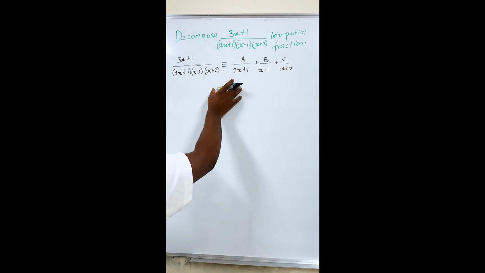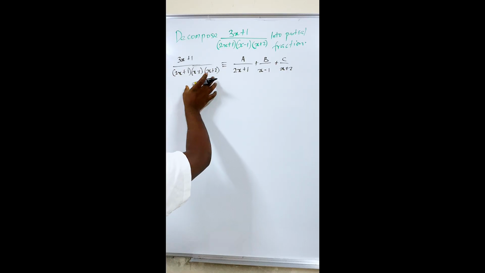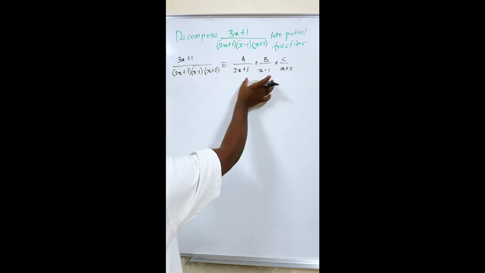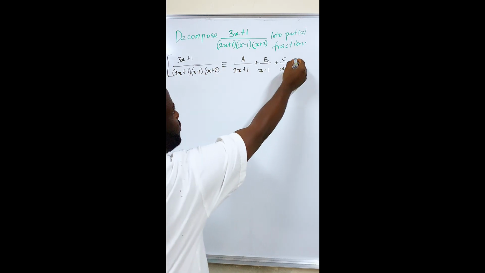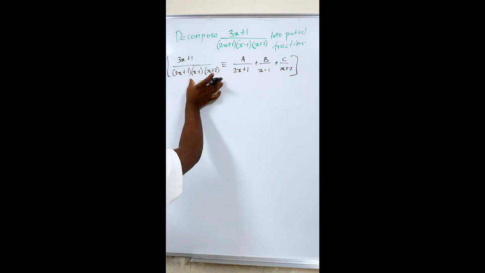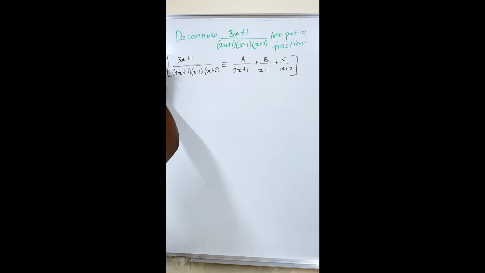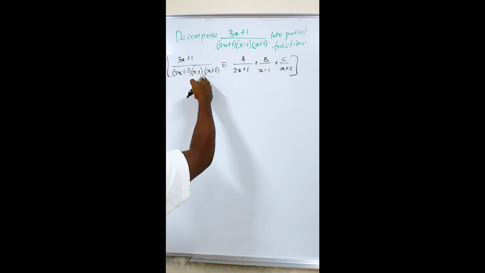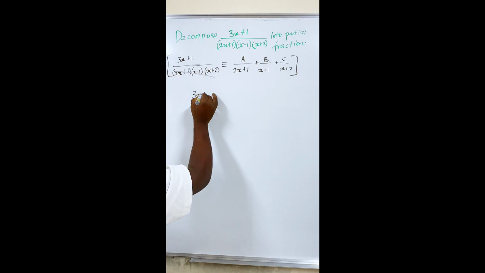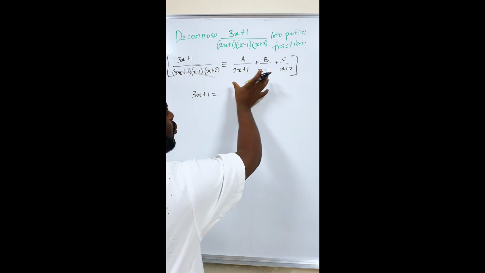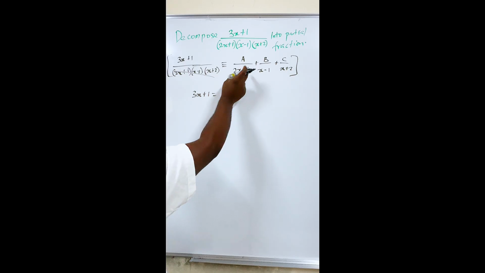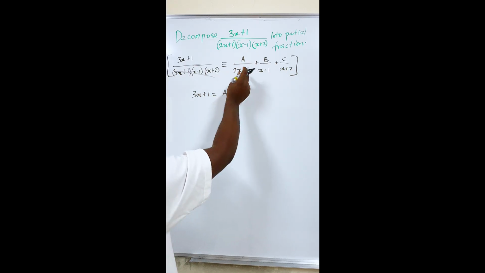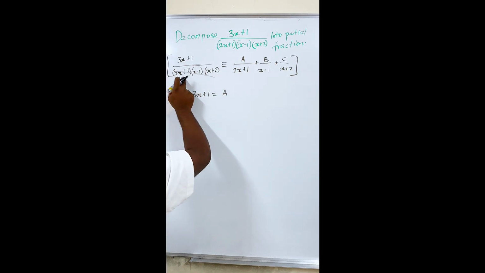Okay, so what we have to do here is to multiply both sides, both the right and left hand side, by this common denominator. If we multiply it out, this side we cancel out. So we have 3x + 1 equals A, so this is going to cancel out the 2x + 1.